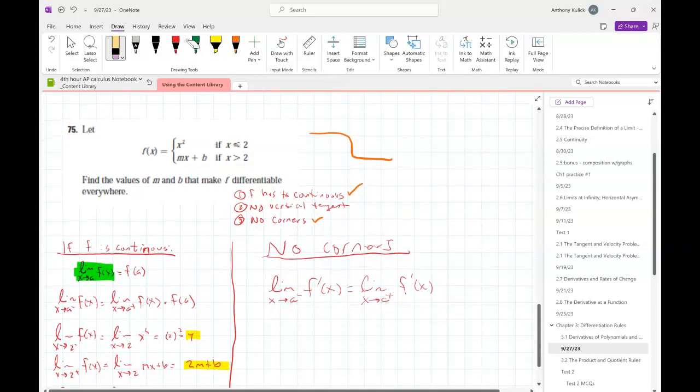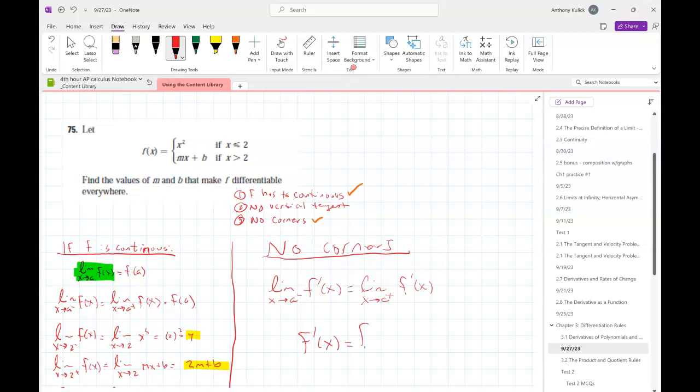So how do I take the derivative of f if it's a piecewise function like this? I just do the derivative of the first piece. What's the derivative of x squared? 2x. What's the derivative of mx plus b? m.